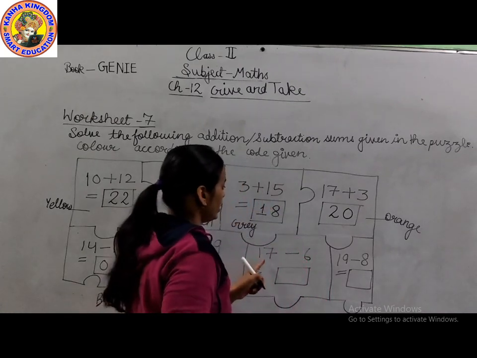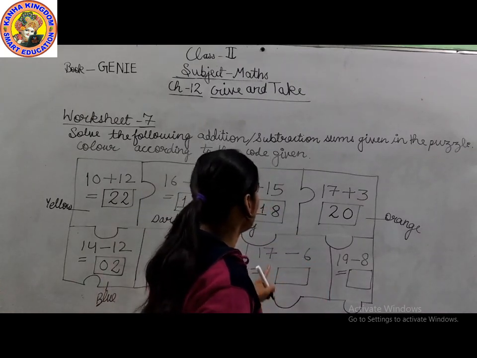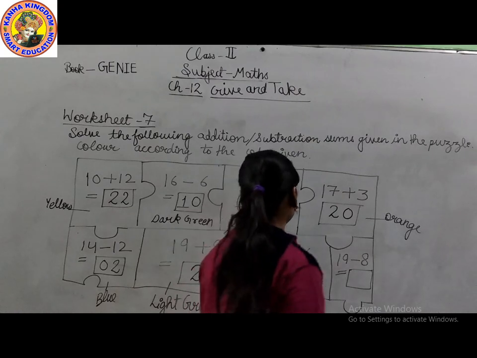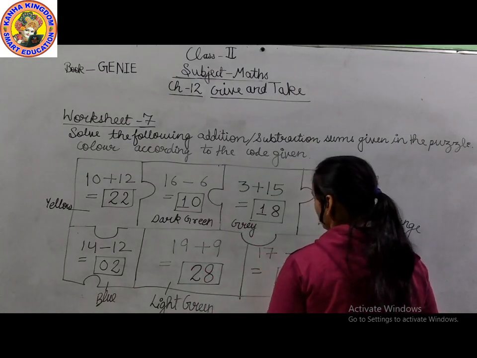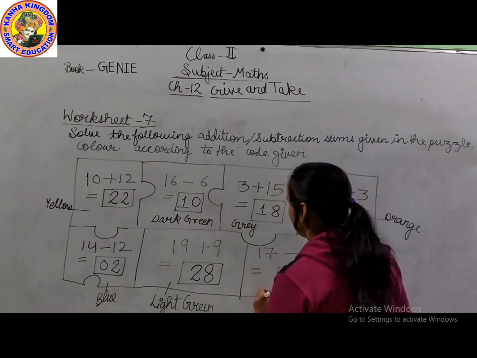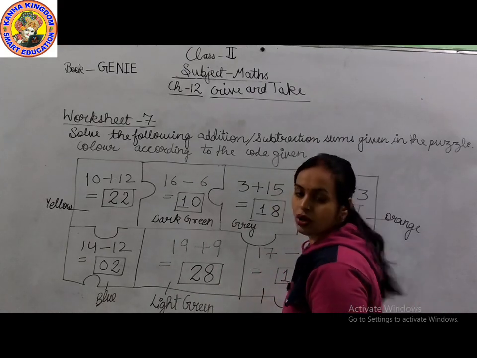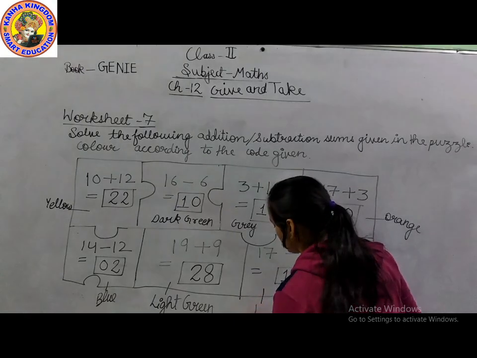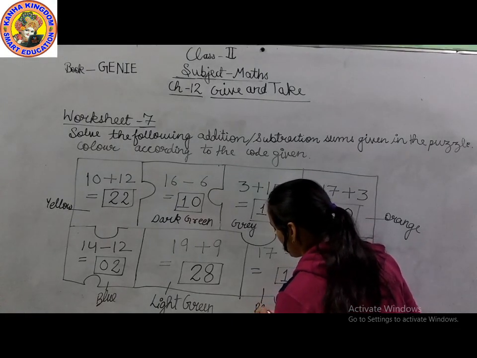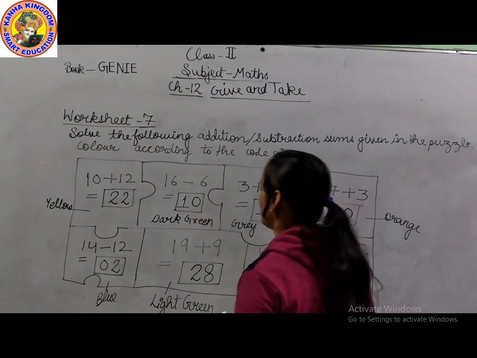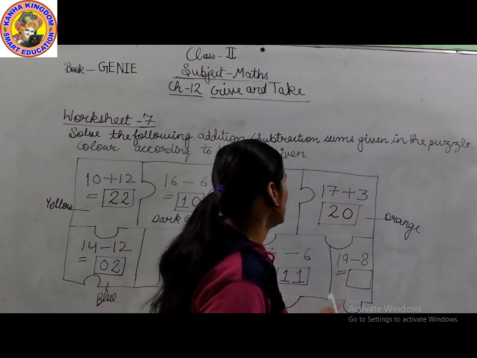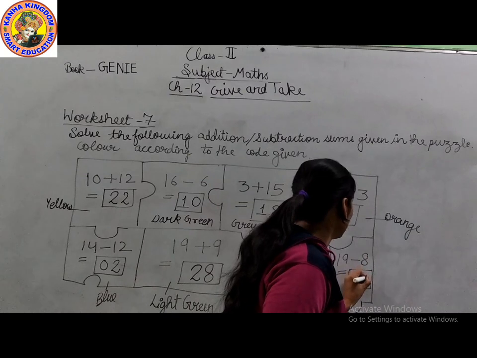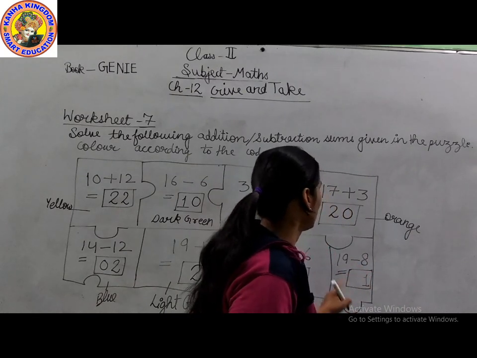Now next is 17 minus 6. So 7 minus 6, 1. Now the color code of 11 is pink. So fill pink color in this puzzle. Now next is 19 minus 8. So 9 minus 8, 1.